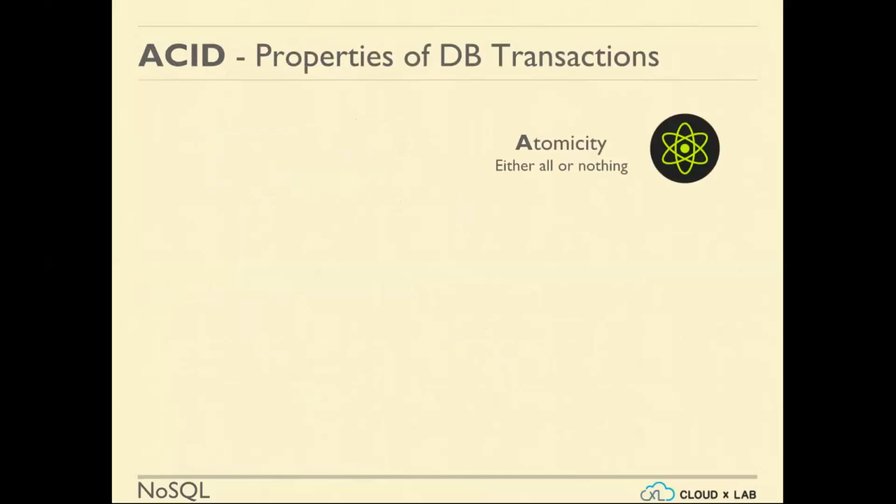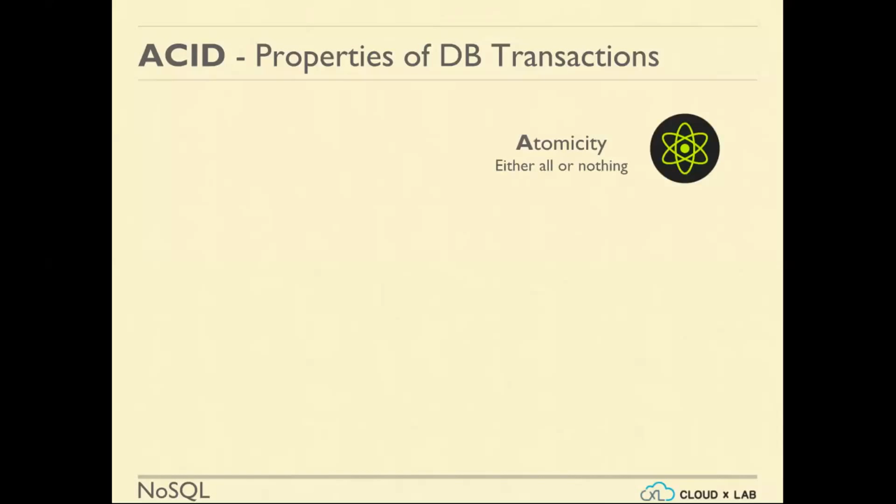Now, the four properties of standard databases that we generally discuss are the ACID properties. ACID properties are something that all of the databases swear by.